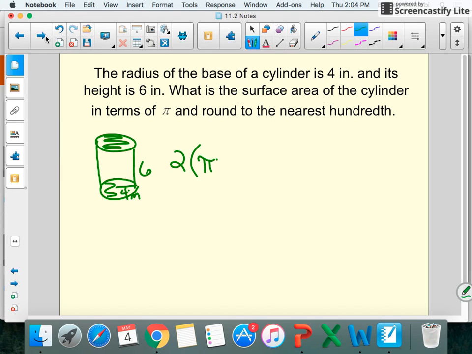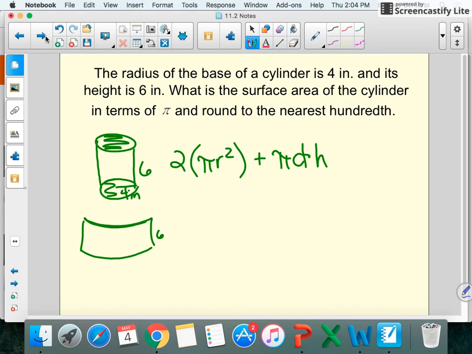pi r squared. And then I have to do plus the circumference, because if I unroll this, it looks like this. So it's going to be the circumference times the height. Circumference is pi times diameter, and then times the height. Now we're just going to plug in numbers here. So 2 pi times 4 squared, because 4 is my radius, plus pi times my diameter.